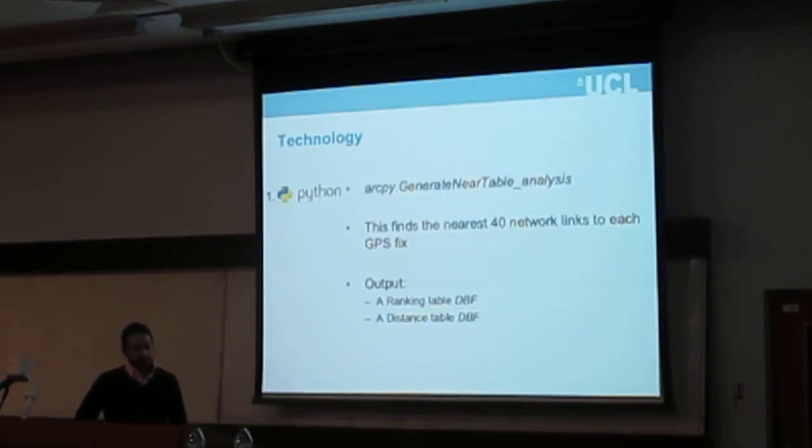In Python, we use lots of methods to run proximity analysis, to find the nearest networks and rank them for every GPS fix, down to the closest 40 network links.